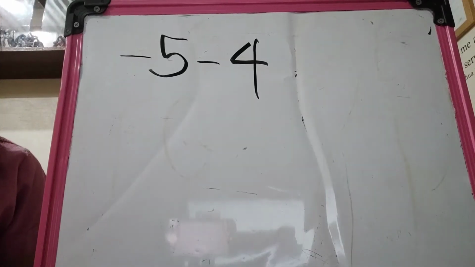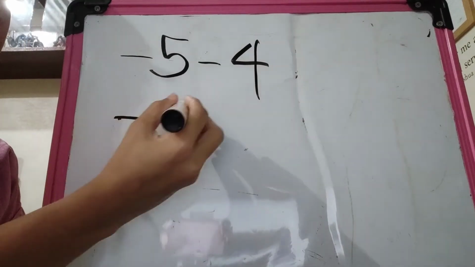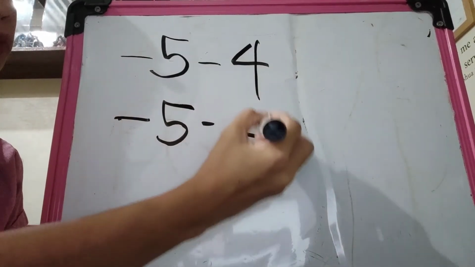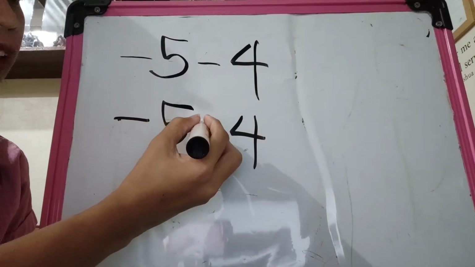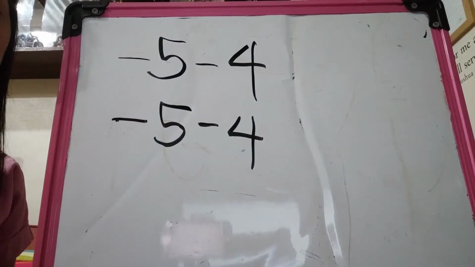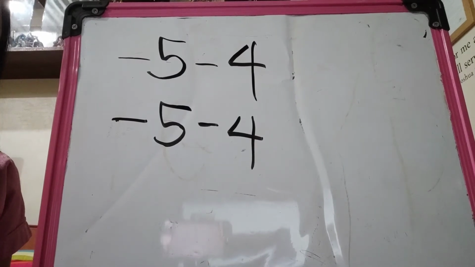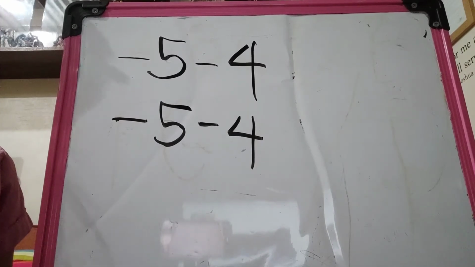Next example, we have negative 5 minus 4. Again, we write negative 5 minus 4. It is not necessary that you have to rewrite it. I just do it so that we can have a copy or a look at the original question. But if you can do it directly on the original question, it's better. So we have negative 5 minus 4.